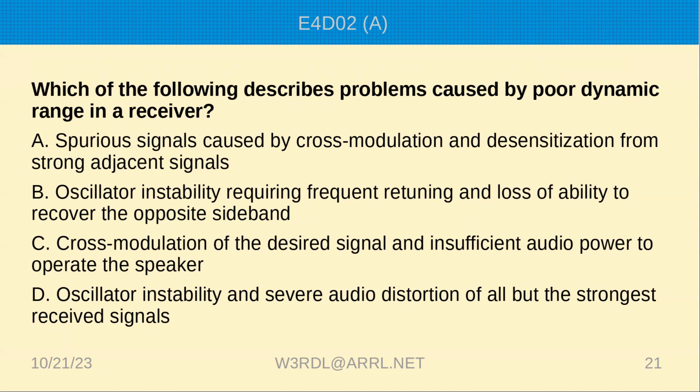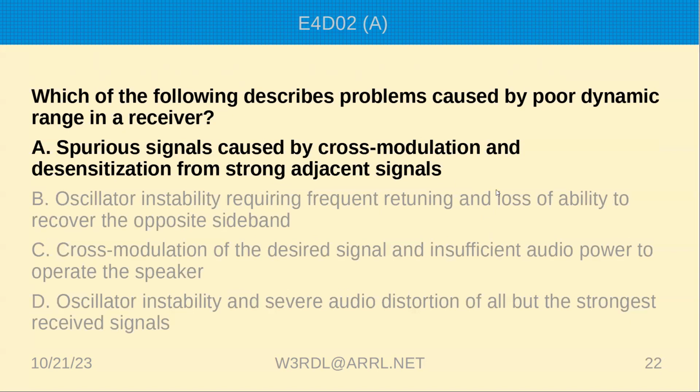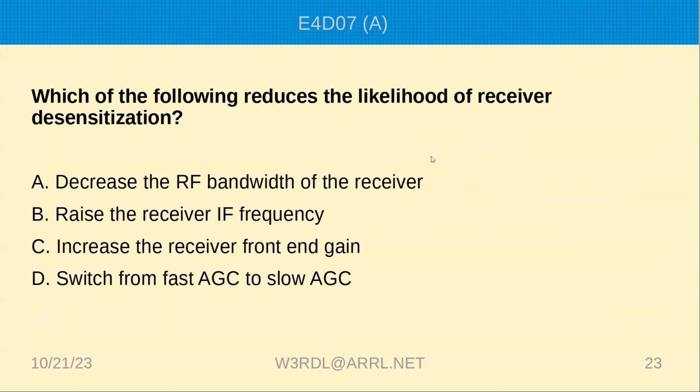Yep, cross modulation is the key there. It shows it because it says desensitization. Which of the following reduces the likelihood of receiver desensitization? Alpha. Alpha.